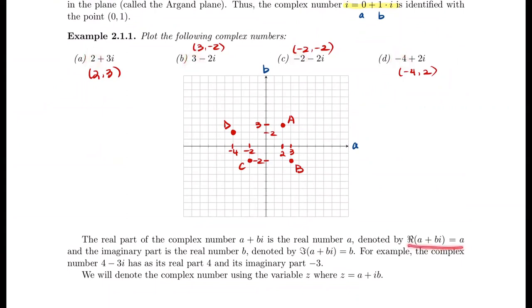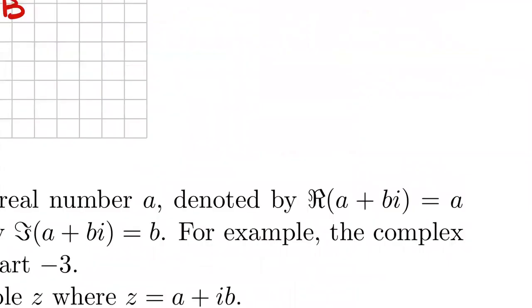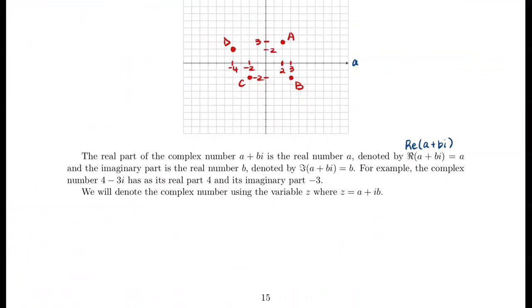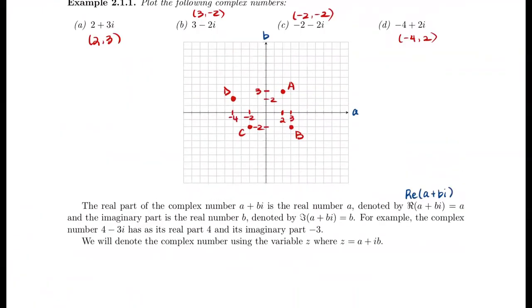Sometimes it's denoted by this type of R, or you will also see it denoted by Re(a plus bi), which is similar. Sometimes people like to change it up a little. That means on the plane here, instead of this a, we would say this is the Re of, let's say, a complex number z.